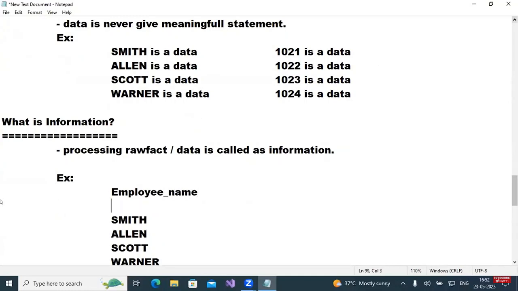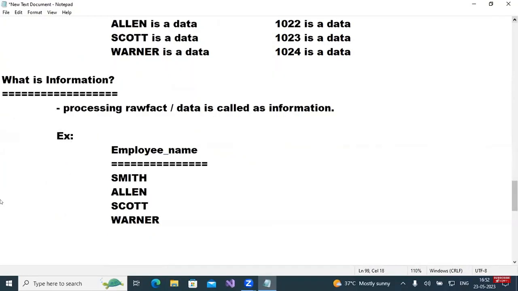When I give the predictor here, now I'm asking you: Smith, Allen, Scott, and Warner, who are these? Employees. See how confidently you are telling? Why? Because we process the data and store it in a meaningful manner.